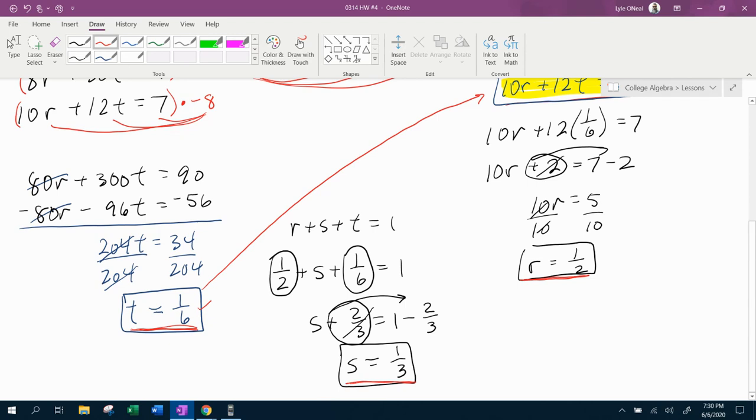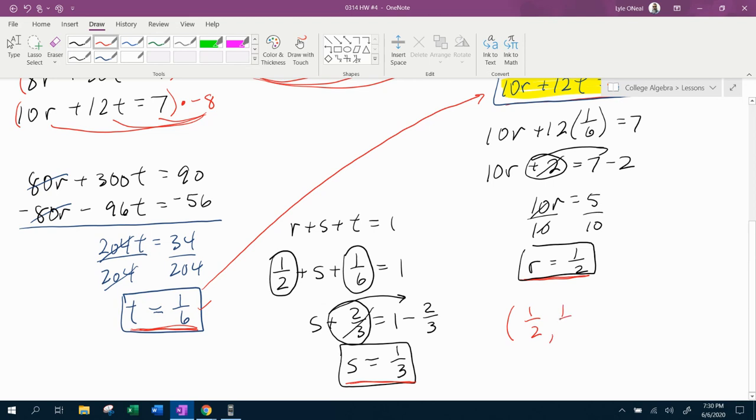Okay, so now we have our solution. We need to write it as an ordered triple, in alphabetical order. LMNOPQRST.